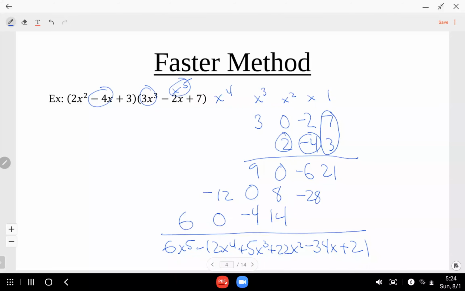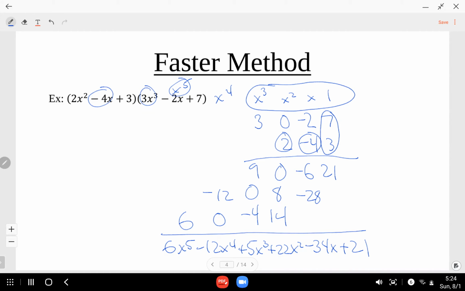I don't think that would work if you had 2 variables, because this is all ordered, with x to the 3rd and x to the 2nd and x to the 1st, like 1, x, x squared, x to the 3rd, x to the 4th.